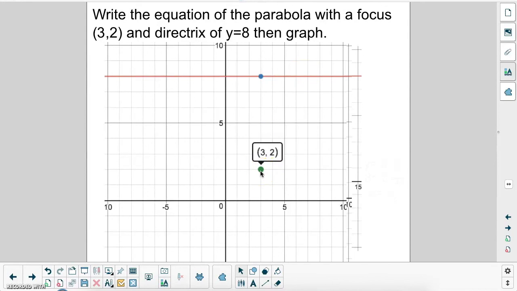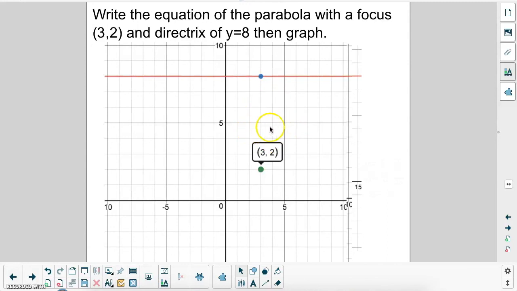The key to knowing the directrix and the focus is that we know the vertex of our parabola is exactly halfway between them. So notice I've plotted this little blue point here. That's exactly in line with that vertex. I know that my vertex has to be between those 2 points.